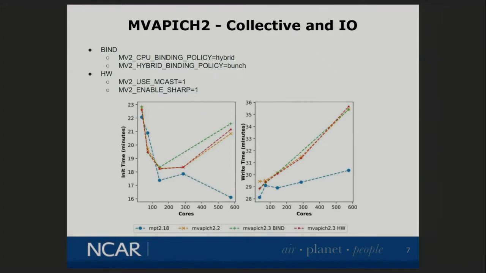And we tried several configurations that had been suggested by DK's group, but actually we couldn't get any huge difference in terms of initialization time, so collectives here on the left, and I/O. In fact, MPT is almost always better, and this test case is CONUS, so it's the smaller test case. Whereas all the configurations we used for MVAPICH perform pretty much the same for I/O on the right and initialization time on the left.